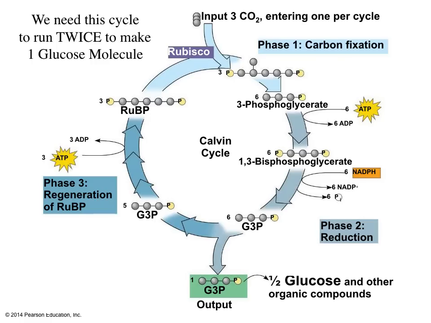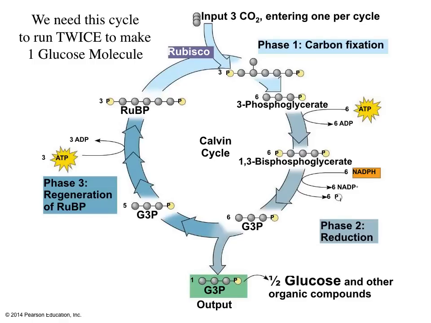Here we go. All right, take a look at the very first molecule that enters the cycle. Count up the number of carbons. There's 1, 2, 3, 4, 5, 6. There's 6 carbons. Those 6 gray balls are 6 carbons.